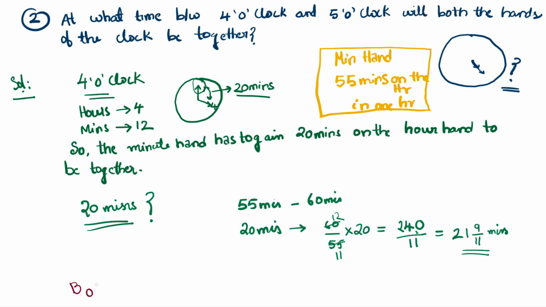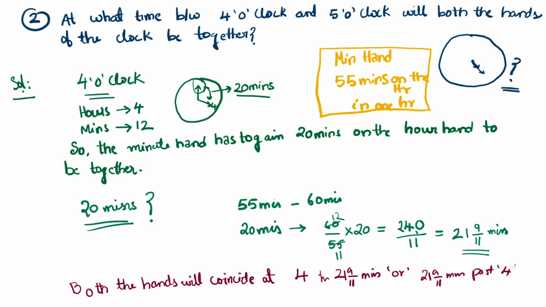So between 4 o'clock and 5 o'clock, the hour hand and the minute hand will coincide at 21 9/11 minutes past 4.